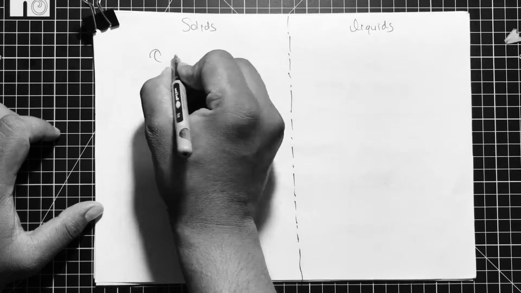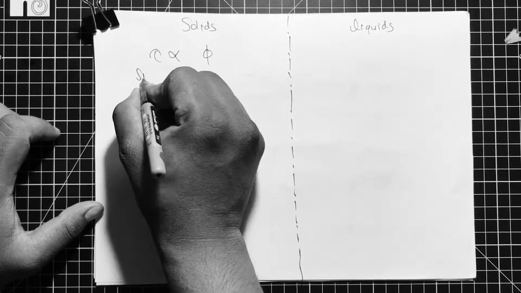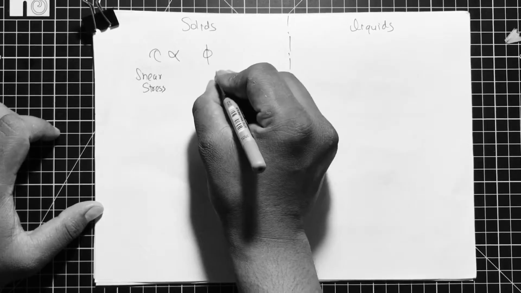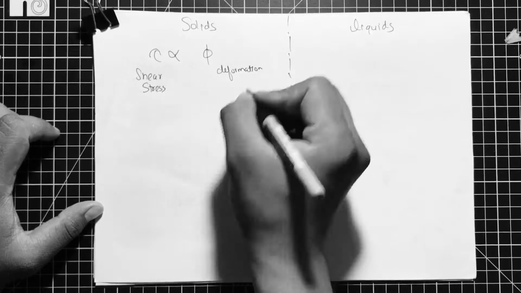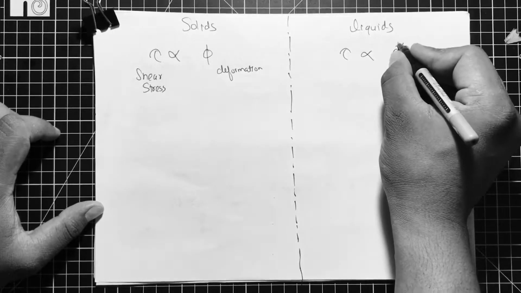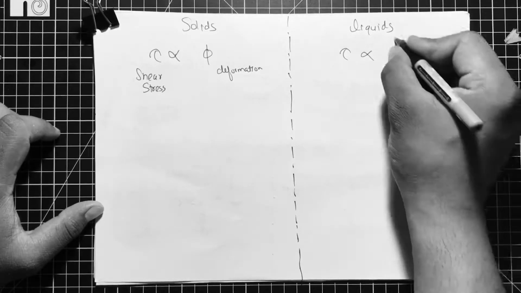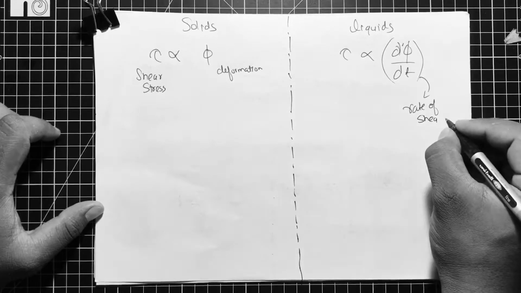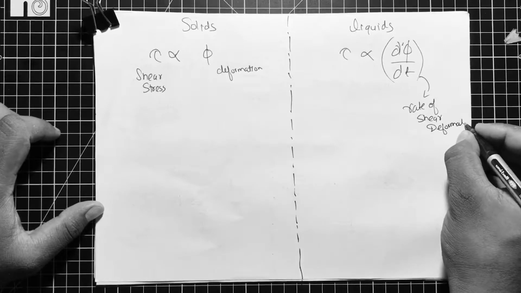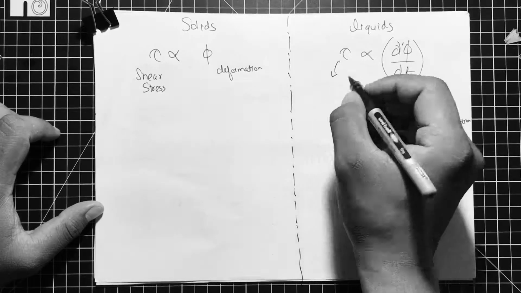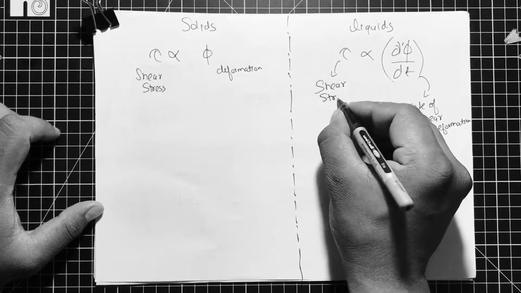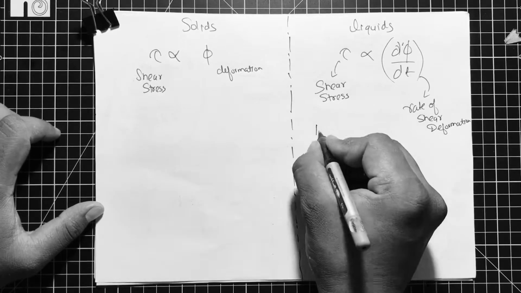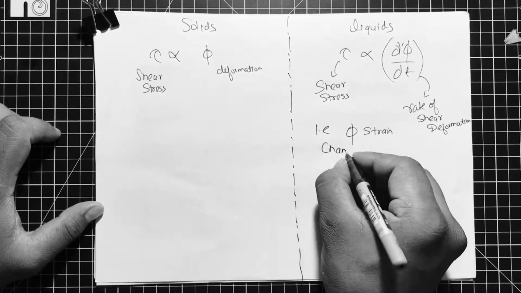When we talk about solids, the shear stress is directly proportional to the deformation phi. And in liquids, the shear stress is directly proportional to the rate of change of deformation, that is d phi by dt. Now, tau is directly proportional to phi, this we all know in solids.